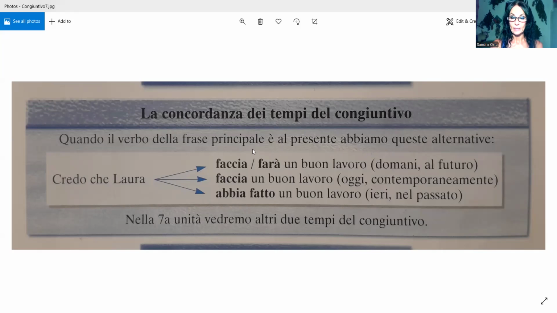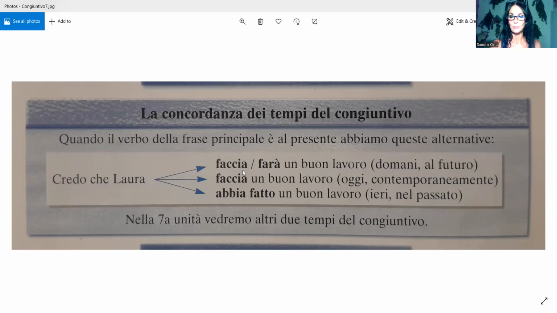However, remember that in Italian, when we talk about the future, very often we use the present. So we can say, tomorrow I go somewhere. So you have a choice. You can choose to use the future tense, which is what we have here, or we can choose to use the present. If you choose the present, it needs to be in the congiuntivo mode.